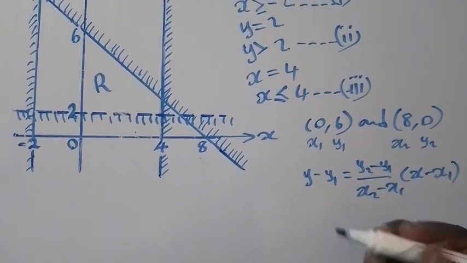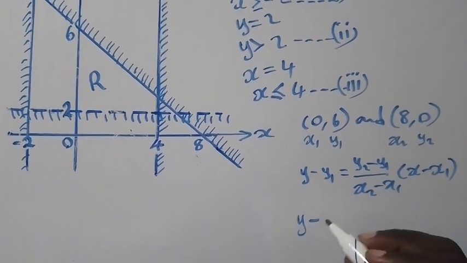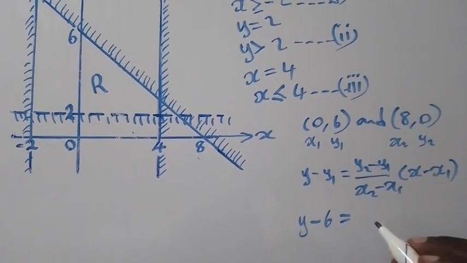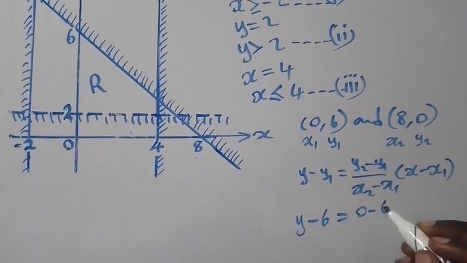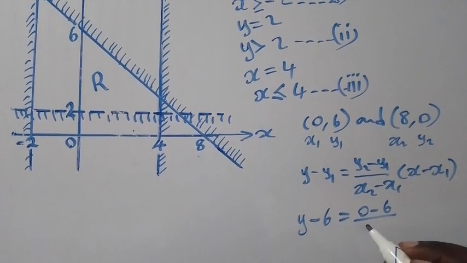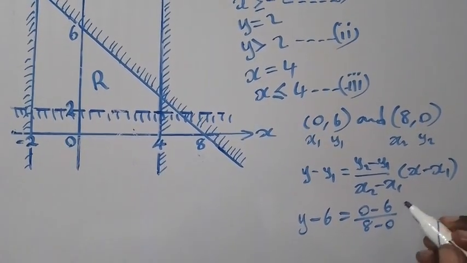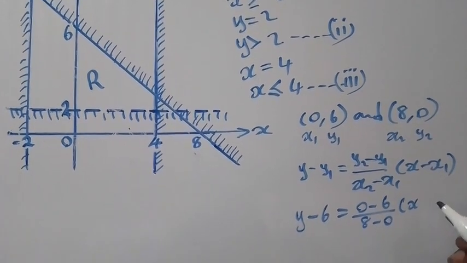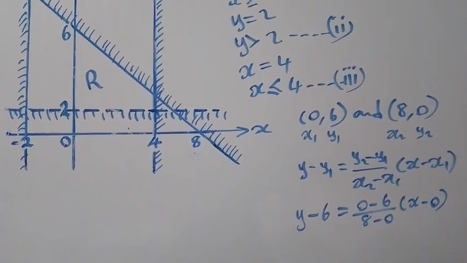So it will be y, where there is y1, you replace 6. For y2, we have 0 minus y1, 6, over x2, we have 8 minus x1, 0. Then bracket x minus x1, 0.